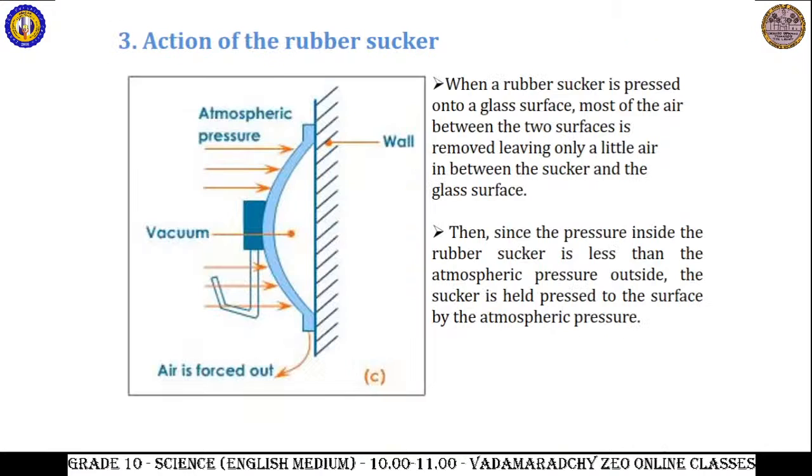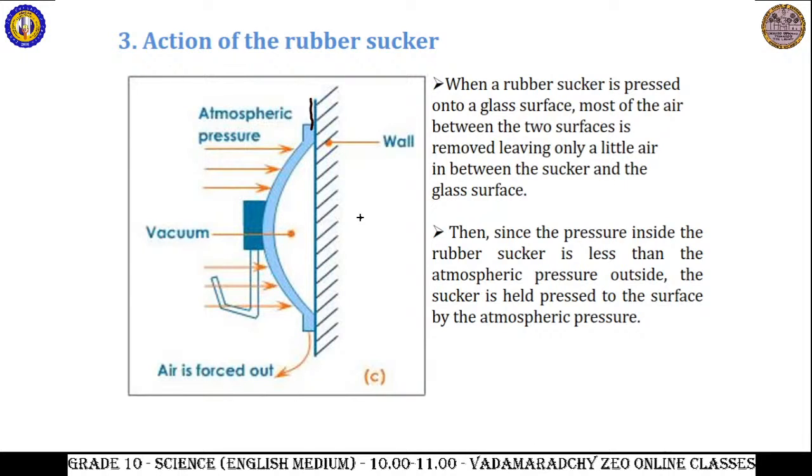And the third one is the action of a rubber sucker. When a rubber sucker is pressed onto a glass surface, most of the air between these two surfaces is removed.